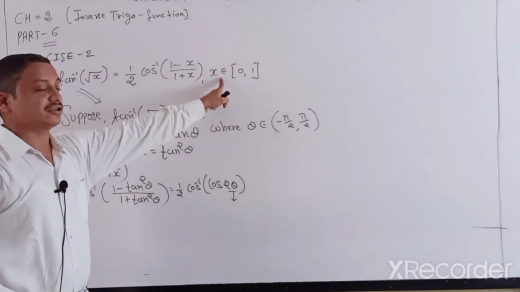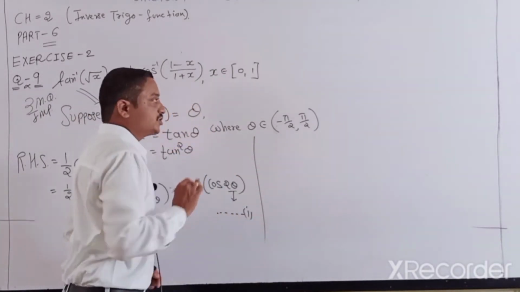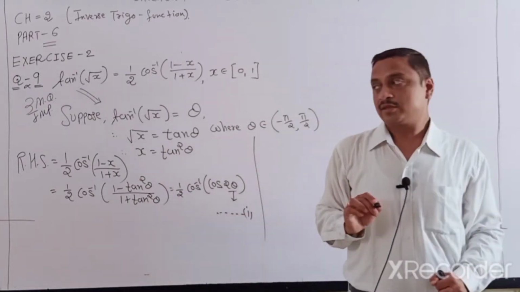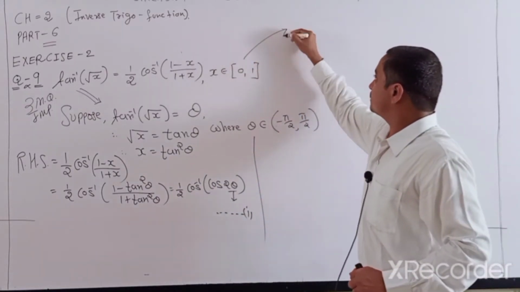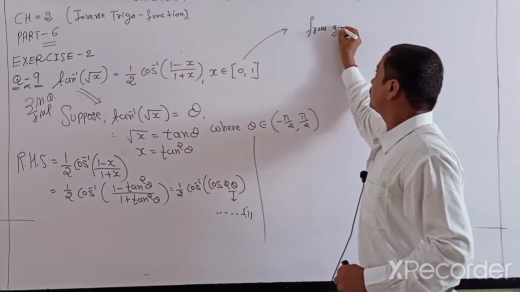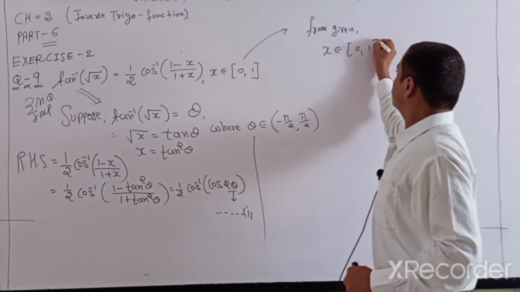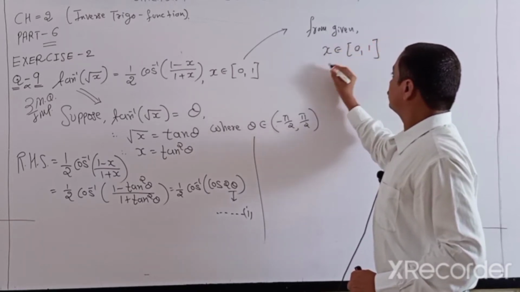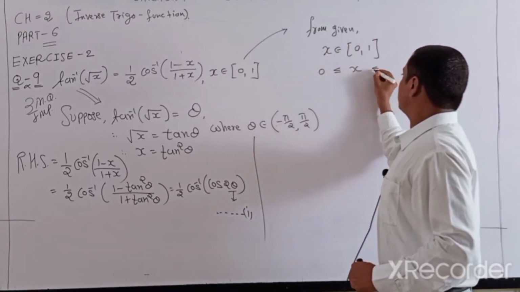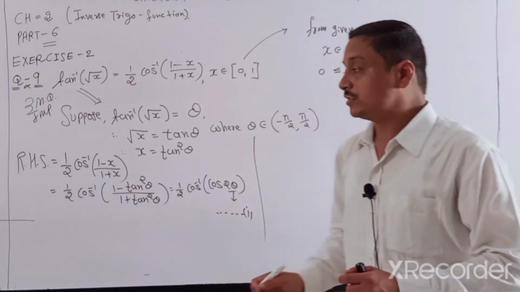So for my interval, I take statement 1. This interval I utilize from the given x belongs to 0 to 1. It is 0 less than x less than 1.